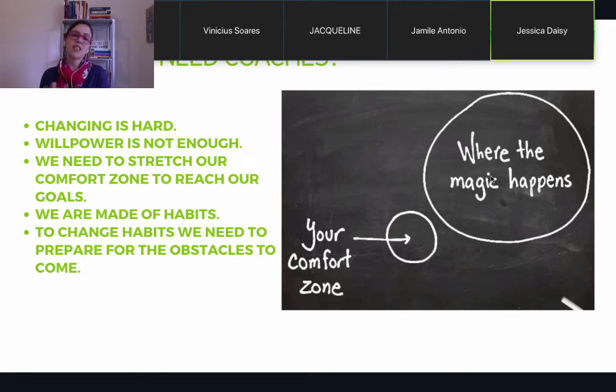If the process is supported by a coach, the change will be much more sustainable, and the motivation will be much more sustainable as well. Willpower is not enough, because willpower fades away when other problems come in the middle. We need to find out some strategies to avoid giving up, strategies to prepare us for the moments where things get hard.